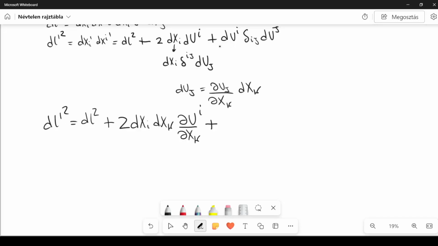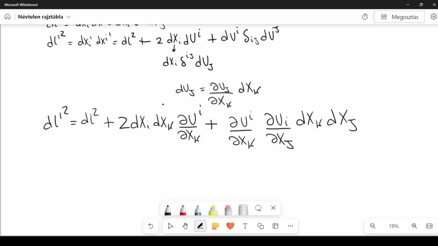Plus, then I can also rewrite this term here, so I can contract this delta ij with this duj. So I have dui dui, but I can rewrite these differentials in terms of the partial derivatives. So I have dui over dxk times dui over dxj, times dxk dxj.